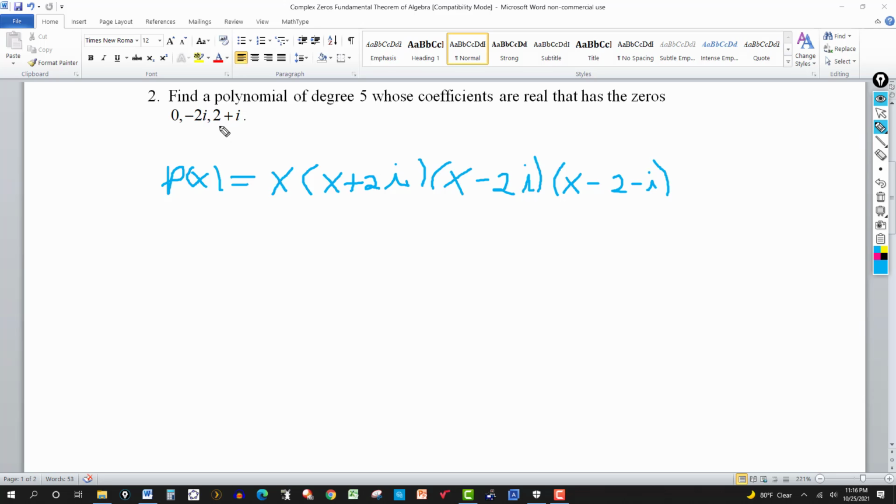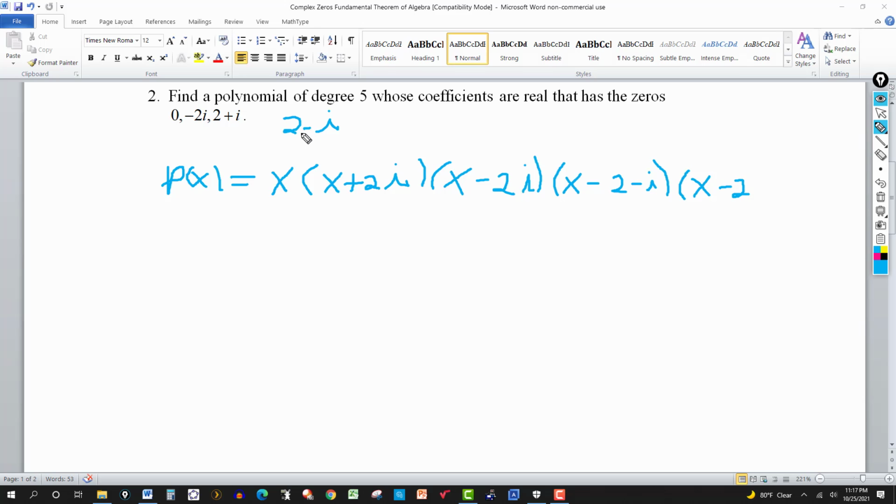But again, from the conjugate pairs theorem, I know that if 2 plus i is a 0, then, because it has real coefficients, 2 minus i is also a 0. So then I write over here, x minus that would be a factor. So I'll just put it this way, x minus, okay, so that'll give me a minus there for the 2, so that'll be minus 2.